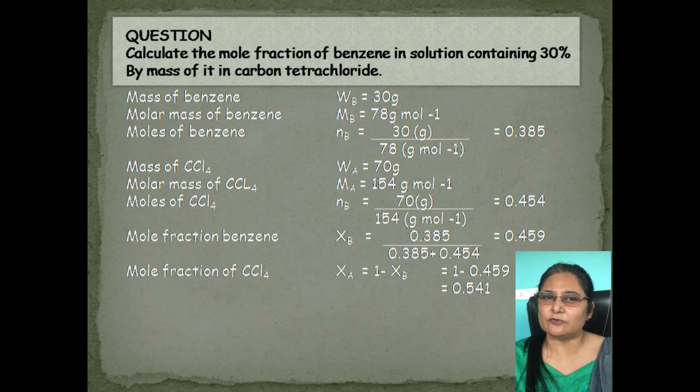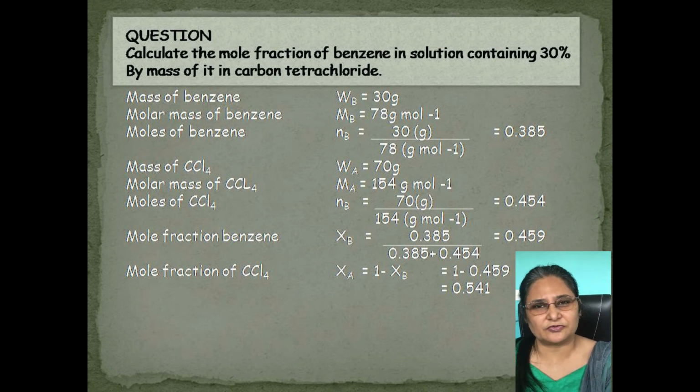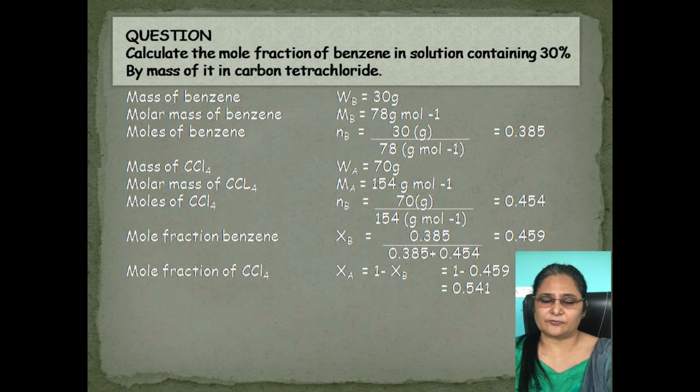So what is the formula of mole fraction? Mole fraction of solute is equal to N1 upon N1 plus N2. So the first step is calculating N1, the second step is calculating N2. Then put the values in the formula and you can determine the mole fraction of the solute, that is benzene. So let us solve the question.